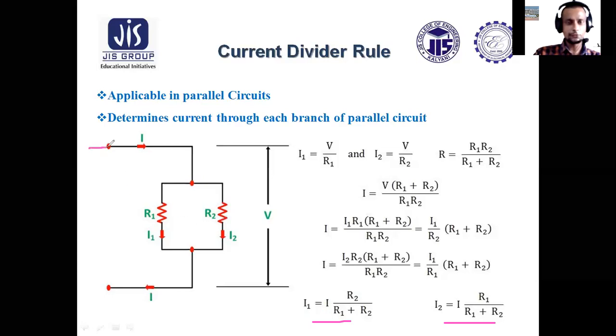Now if V volts is applied here as the supply voltage, and R1 and R2 are connected in parallel as discussed earlier, the voltage across R1 will be the same as the voltage across R2, which equals V.